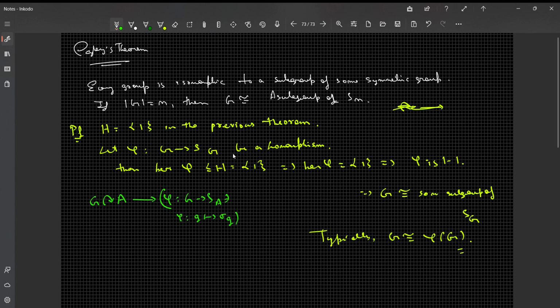On a similar note, if you have a homomorphism phi from G to SA such that phi maps g to some permutation sigma G, then associated to this sigma G, you can obtain an action of G on an arbitrary set A. A is the set of all elements whose permutations are inside SA. And that is pretty analogous to understand, right?